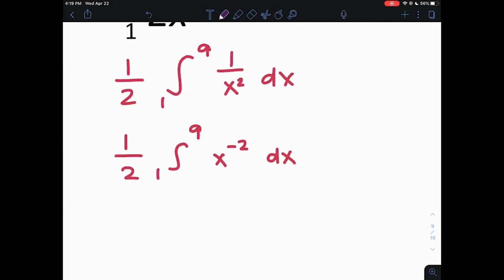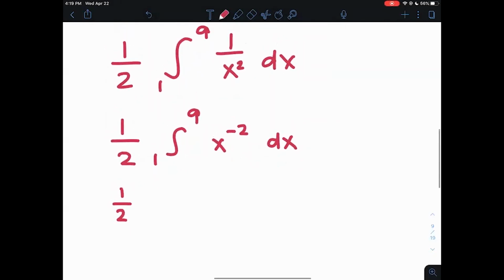So instead of subtracting and multiplying, we are going to add and divide. So when I do that, instead of subtracting 1 from my exponent, I'm going to add 1. And instead of multiplying, I'm going to divide. So I would have x to the negative 1st power over negative 1.